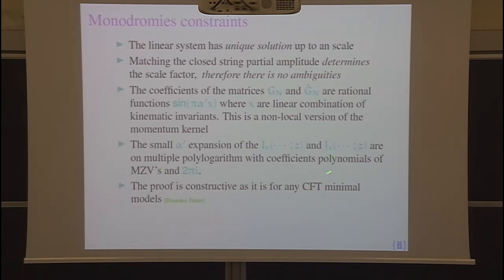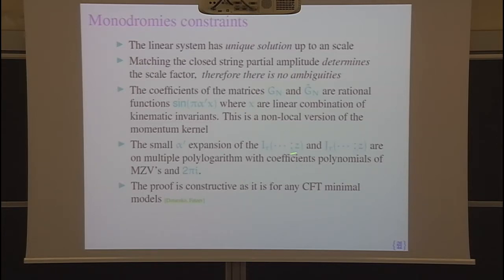But this is actually known in the literature: there are just 2 pi i's and combinations of multiple polylogarithms as functions of z. This object is multi-valued and has the multiple polylogarithms I discussed at the beginning of the talk. Their value at z equal 1 will give, as an alpha prime expansion, an object that has multiple zeta values and powers of 2 pi i.